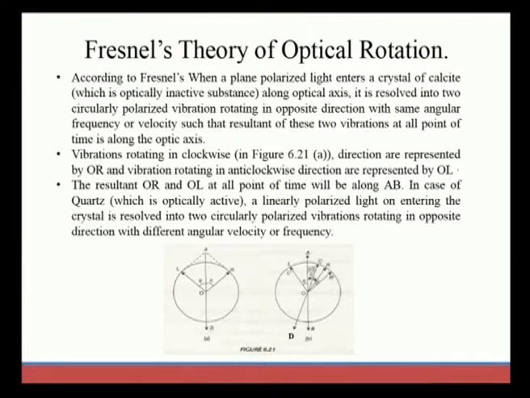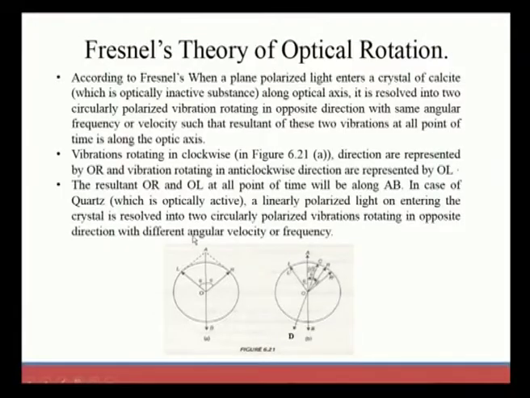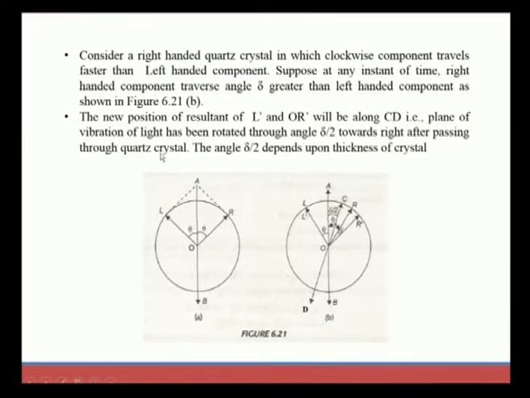So, if we consider quartz as the optical medium, the polarized light components will have different velocities, and so the angular velocity and the frequency will also be different in the resultant.